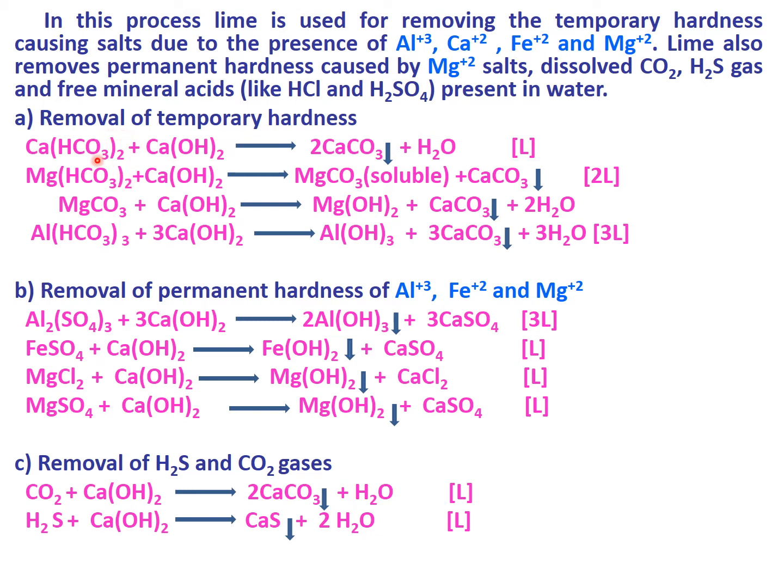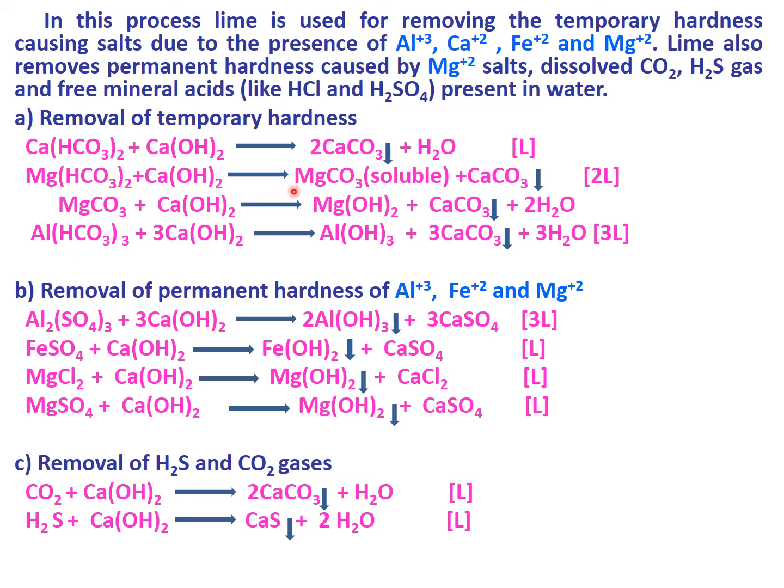In the case of magnesium bicarbonate, we need 2 moles of lime. Why so? Because first 1 mole reacts with 1 mole of magnesium bicarbonate and makes magnesium carbonate, which is soluble in water, plus calcium carbonate, which is not soluble and settles down as a precipitate.